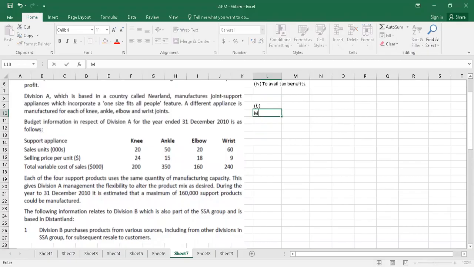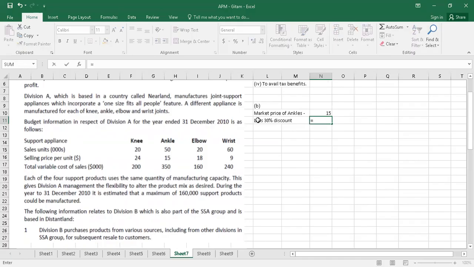That's right. Market price of ankles is how much? 15, less 30% discount. We want to reduce that by 30%.